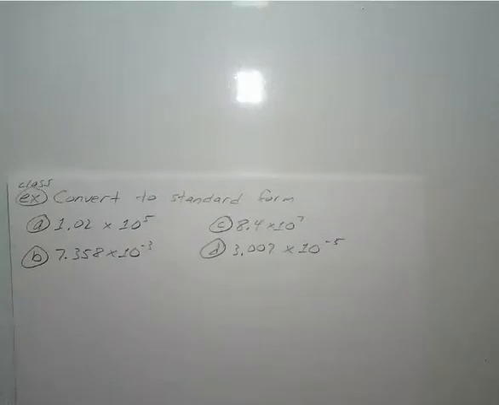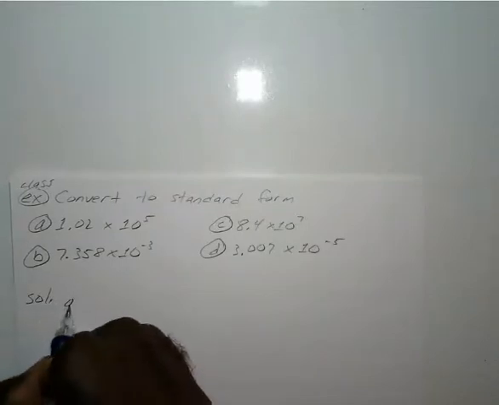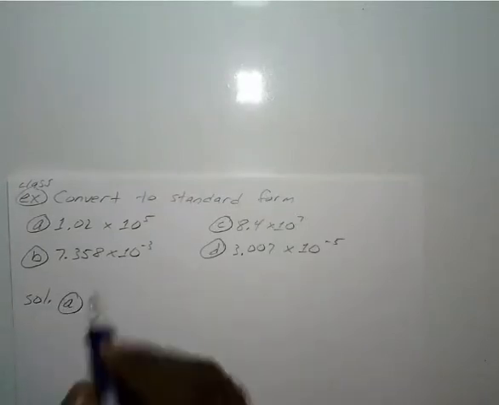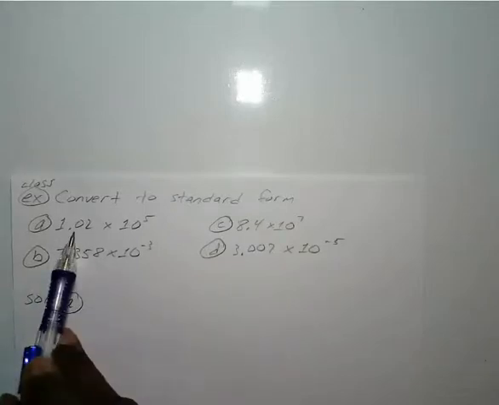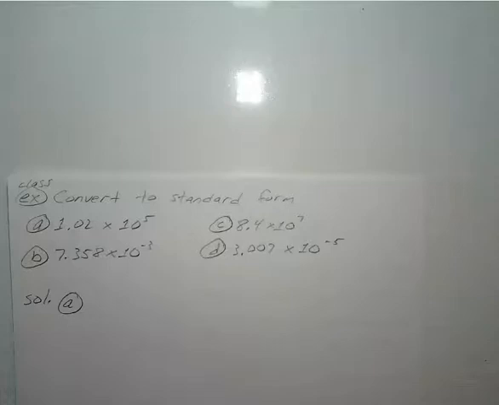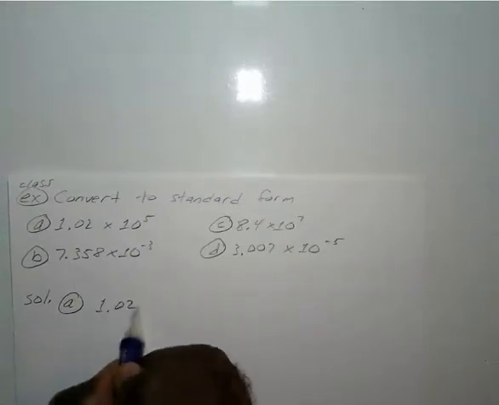Alright, so assuming you have pressed pause and you are all done, to solve A, remember, first thing we do is you write down, and I'm not going to write down step 1, step 2, step 3, I'm just going to do it straight through so you can see just how quick it is once you get used to it. Write down your first value, 1.02.